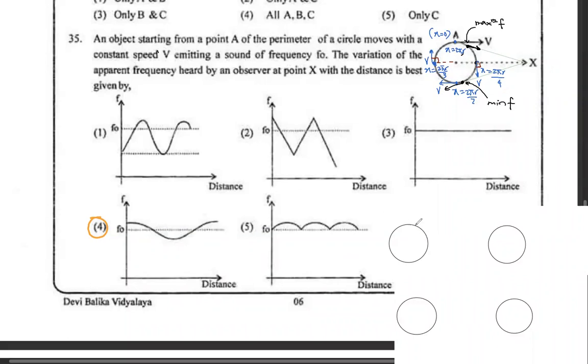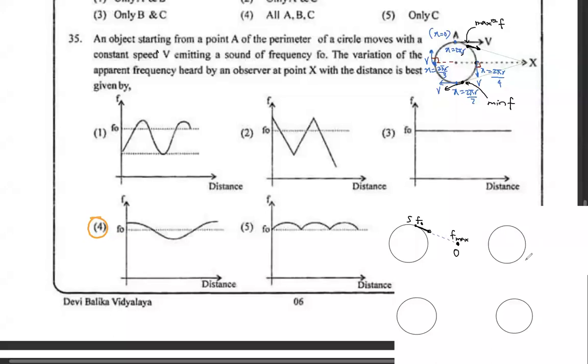First of all, when the object is moving like this, when it appears to move directly towards the observer, like this is our source with F naught frequency. The observer here will hear the maximum apparent frequency.